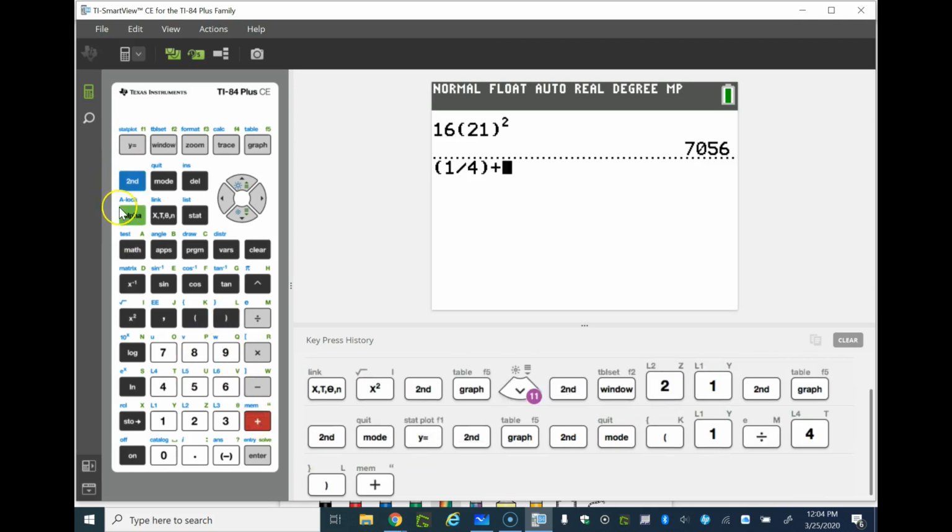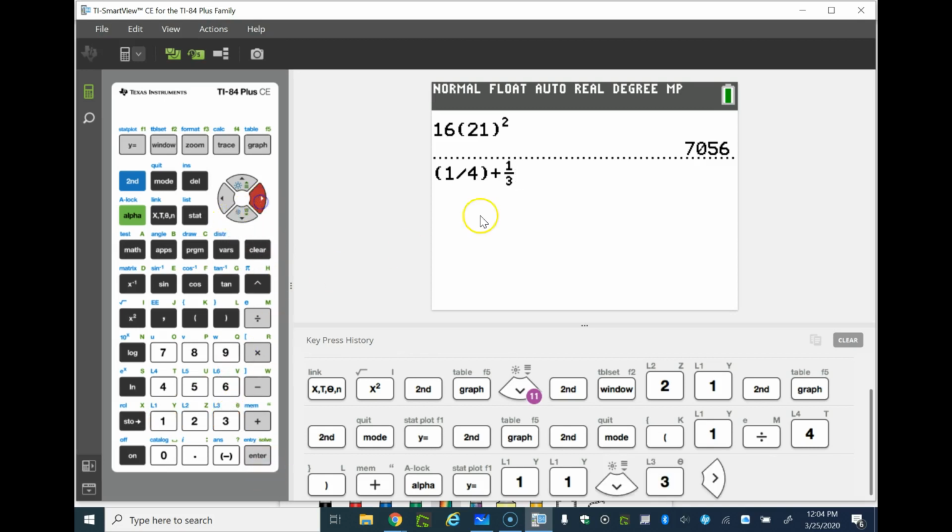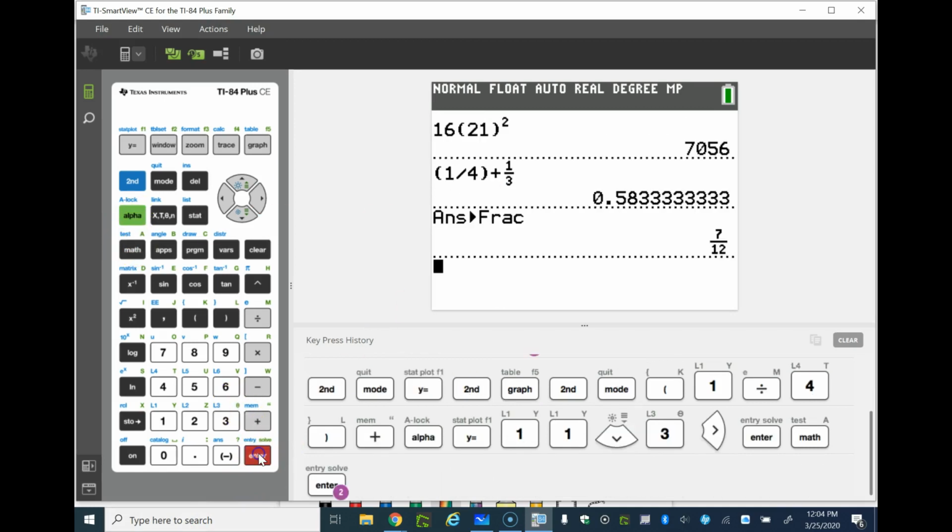And you can actually use the alpha feature if you want to make your fractions, number 1, and then 1/3. That way you don't have to use the parentheses. Well, if you don't have that alpha feature, you want to do it with the parentheses. If you do, you can change it this way. So here we hit math, enter, enter, and we get 7/12.